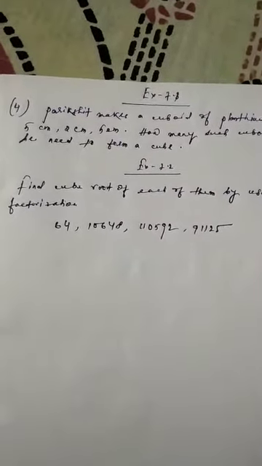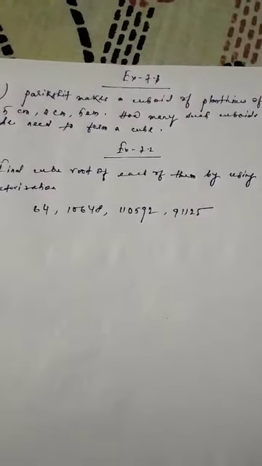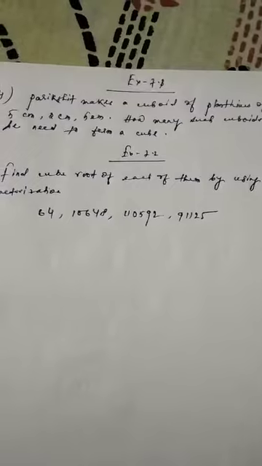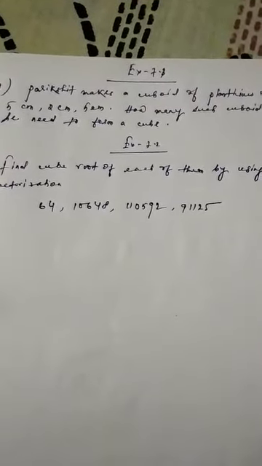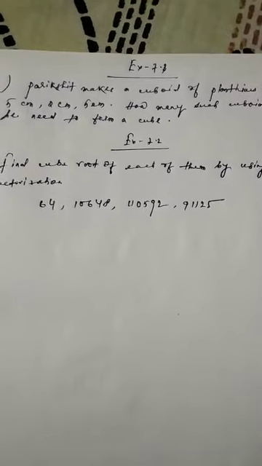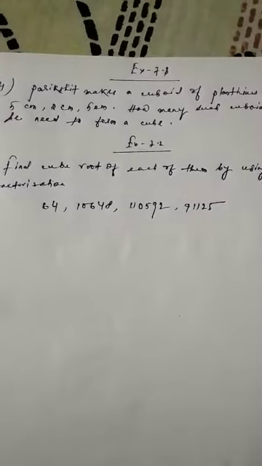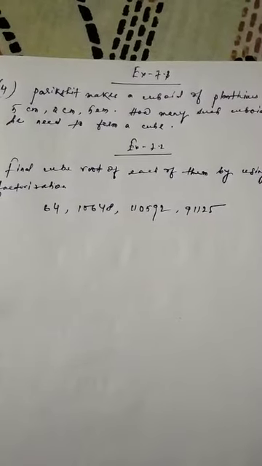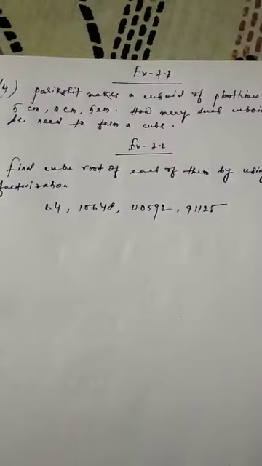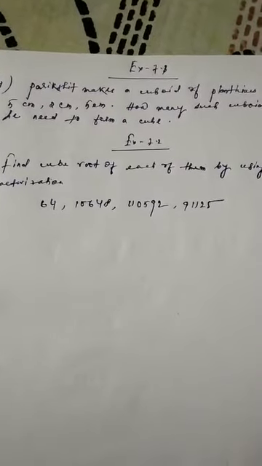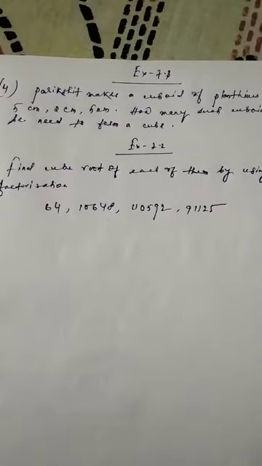In this particular question, it is told that Parikshit, a boy, makes a cuboid of plasticine. Plasticine is a substance we use for making various objects. 5 centimeter, 2 centimeter and 5 centimeter are the measures of the dimensions of the cuboid. The question is, how many such cuboids will he need to form a cube?